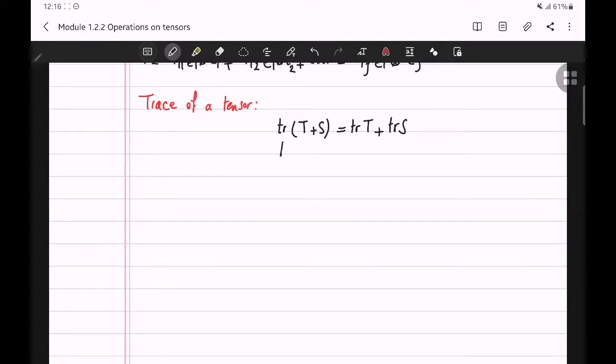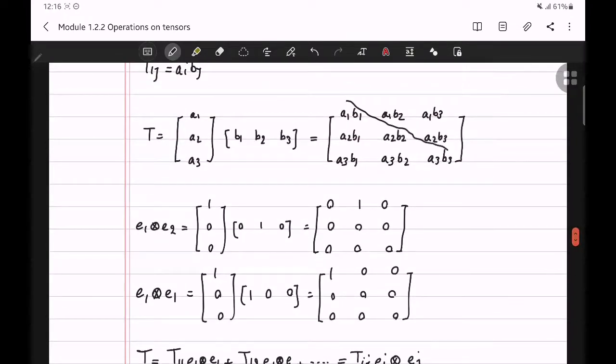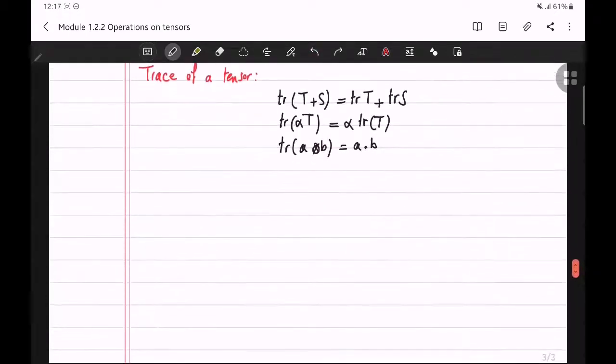And we also have the trace of a scalar alpha times a tensor is equal to alpha trace of T. And if you have the trace of A dyad B, it is equal to A dot B. Because when we say A dot B, we are basically talking about the diagonal components here, A1 B1, A2 B2, A3 B3. So that's why we use this kind of definition here, and we call this 6.1.